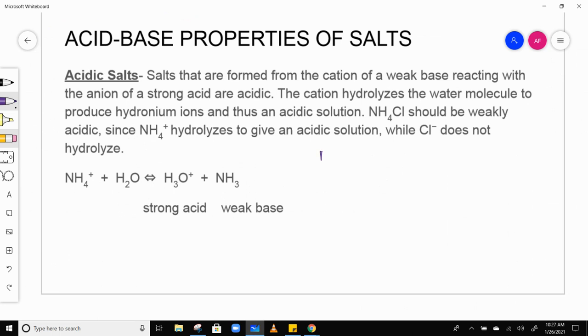So we have NH4 and Cl, so we have NH4 plus and Cl minus. Again, going to react with HOH or water. I just like writing HOH.